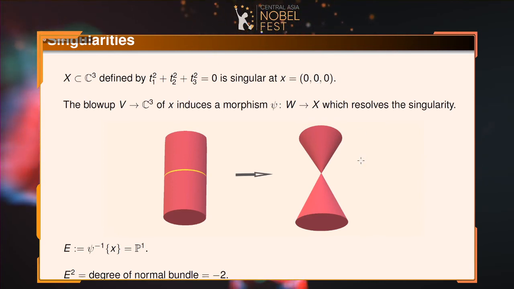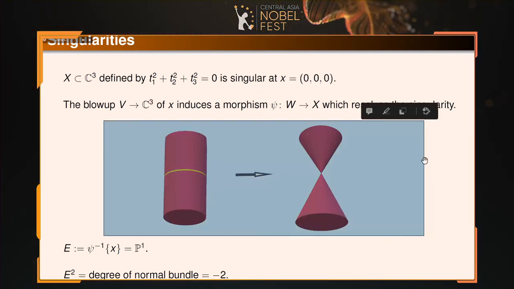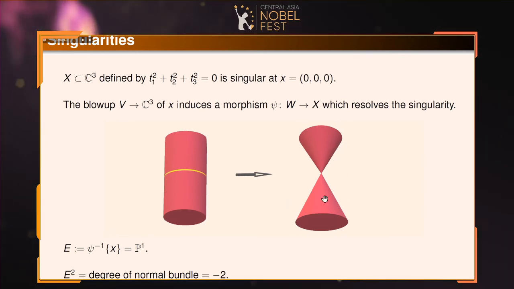Now, it's not so easy to define exactly. At least intuitively, I can tell you what singular means. It means that at that particular point, this space doesn't look like most other points. But in a more precise mathematical sense, you need to take the partial derivatives and see that they all vanish at this point.